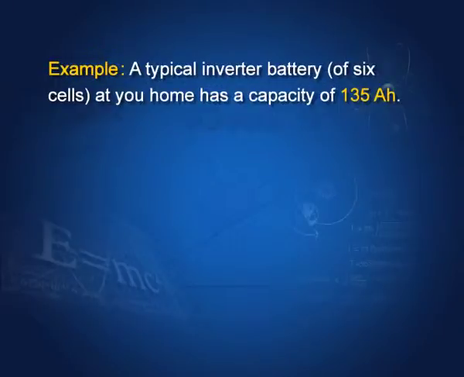For example, at your home, a typical inverter battery, if you look at it carefully, will state that the capacity of this battery is 135 ampere hours. It can be 150, it can be 100, but generally the capacity of such batteries is 135 ampere hours.